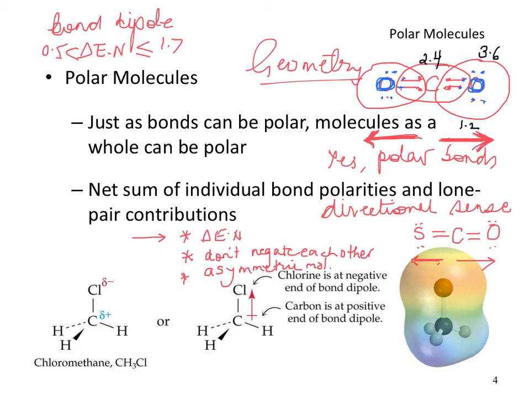And so one can say that the net sum of the individual bond polarities, because they have a sense of direction, they are vectors after all, is what decides whether the molecules themselves are polar or not.